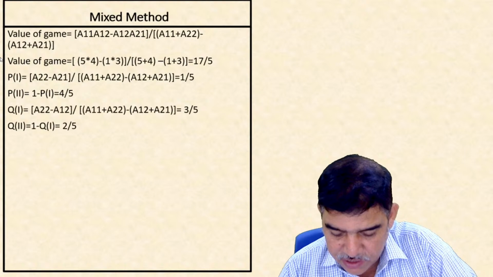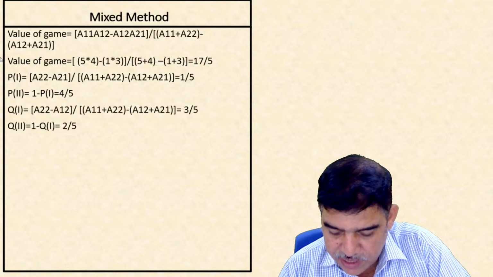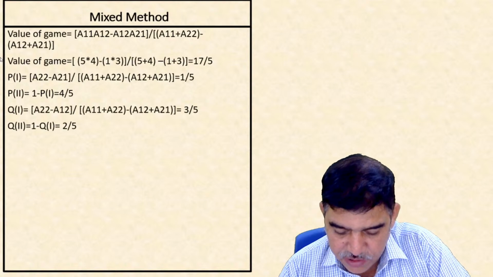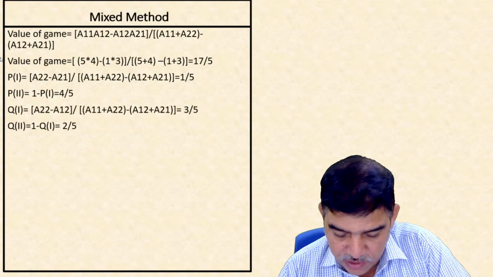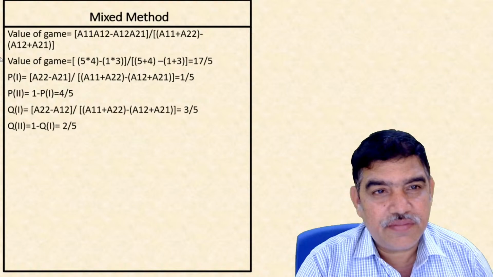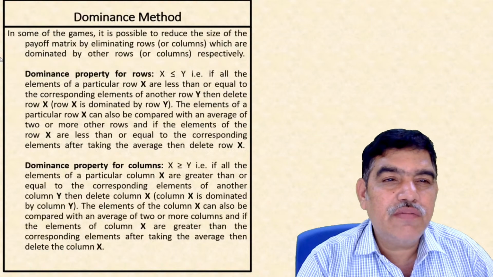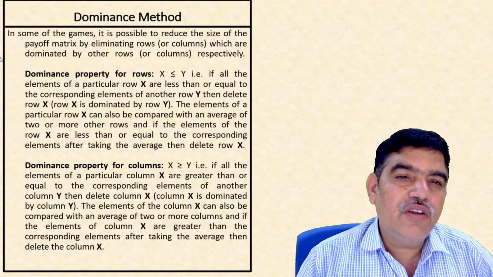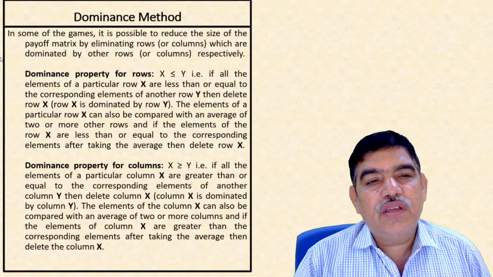Such a course of action is said to be dominated by the other. The concept of dominance is specifically useful for the evaluation of two-person zero-sum games where a saddle point does not exist. So we can use the mixed method and dominance method to solve the game problem.